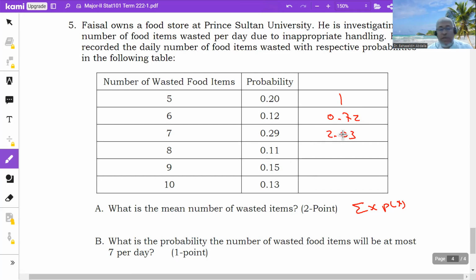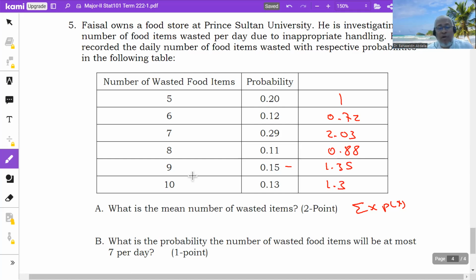8 times 0.11, that's 0.88. And 9 times 0.15, that's 1.35. And 10 times 0.13, that's 1.3.